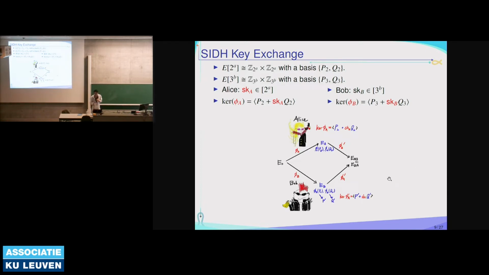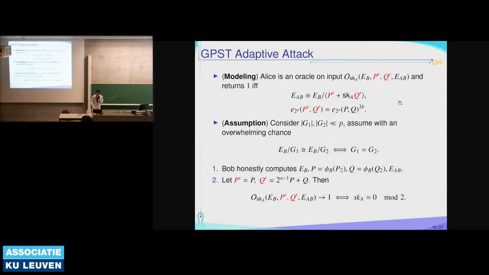Because, as we mentioned before, the codomain is uniquely defined by the kernel of the subgroup, if they perform honestly, then Alice and Bob will obtain the same curve. Partly they have different representations, but the j-invariant will be the same because they are isomorphic.